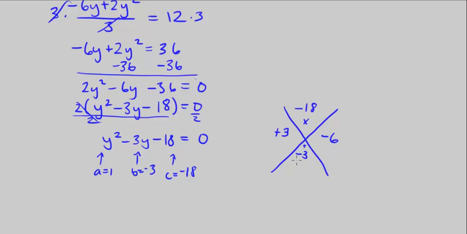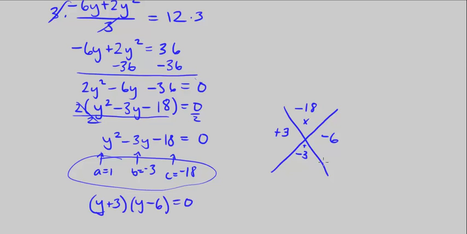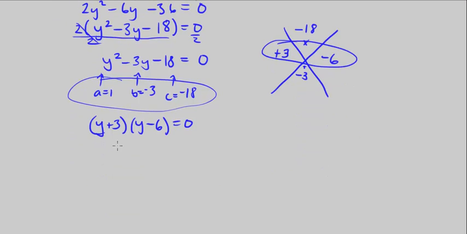So you could use the quadratic formula, or we could factor this, and this is going to be y plus 3 times y minus 6 equals 0. This means y plus 3 equals 0, or y minus 6 equals 0. So y is equal to negative 3, or y is equal to 6.